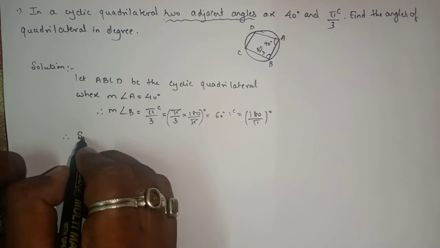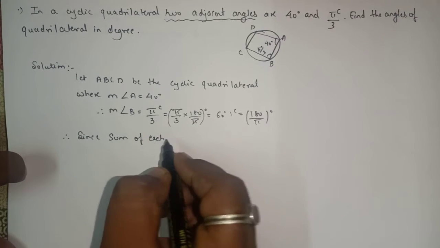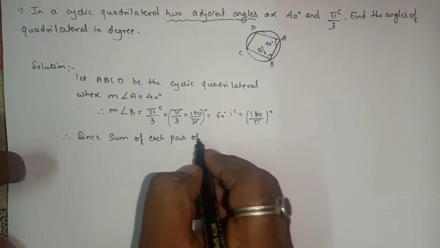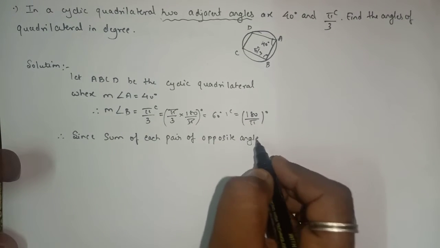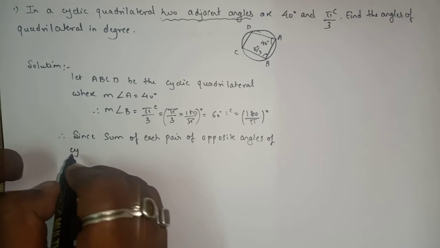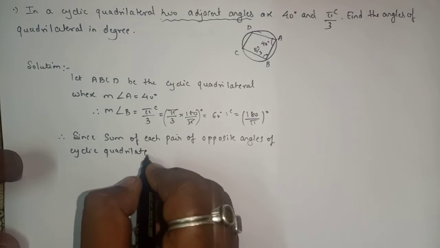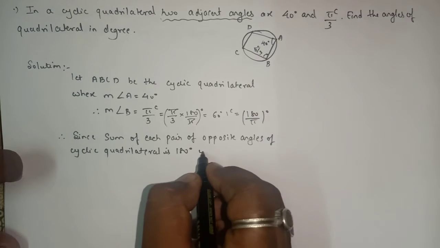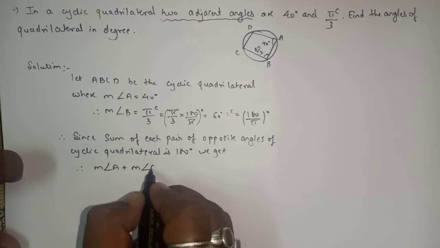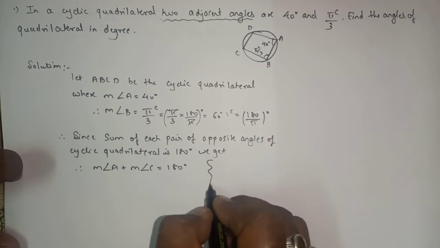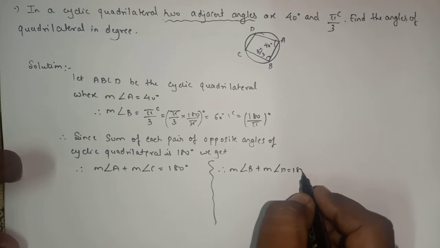Now we'll apply the property. Since we know that the sum of each pair of opposite angles of a cyclic quadrilateral is 180, we get measure of angle A plus measure of angle C equals 180, and measure of angle B plus measure of angle D equals 180.